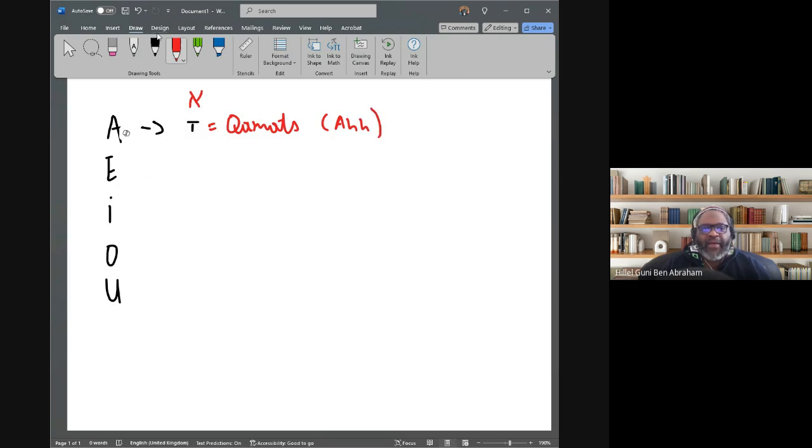And then we have what's called a kamatz maleh. Kamatz maleh is this sound here, which is a kamatz, but the kamatz is not alone. It is accompanied. Let's put an aleph again there just so that we have a reference. It is accompanied by a hey.